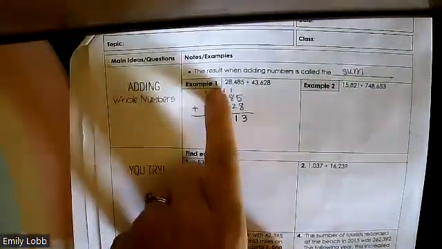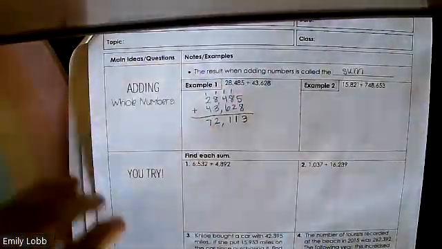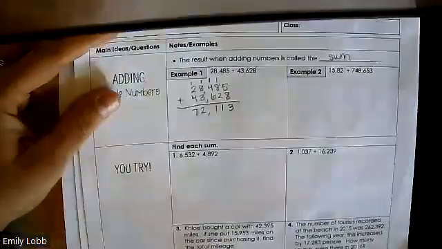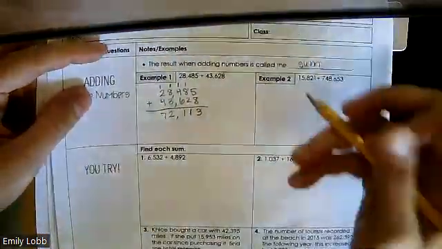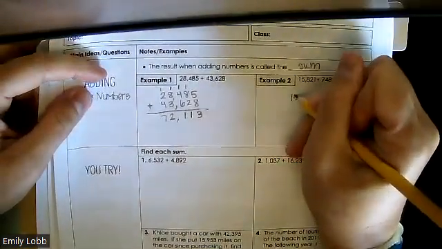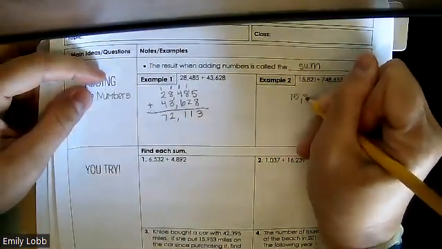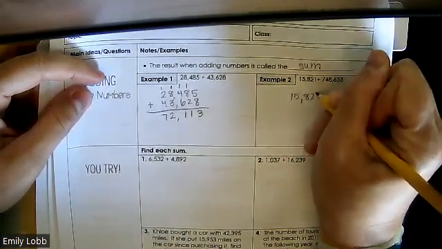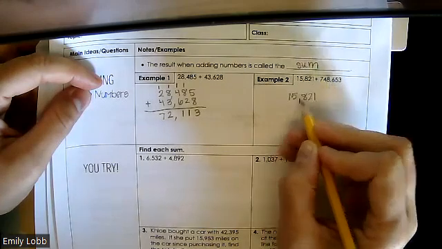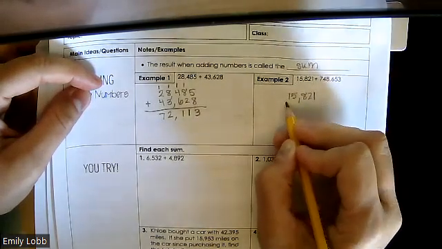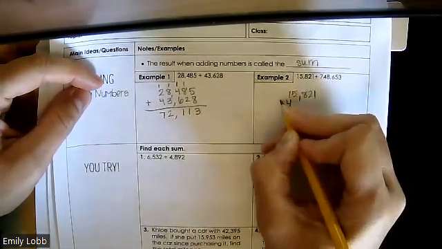So this is our number. Looks reasonable, right? Always ask yourself this. Now, with this next one, I notice this has 5 numbers and this has 6. So I'm going to write this first number, 15,821. And I have to be careful not to start my 7 right here, because I really want my 4 to be under that, because that's in the 10,000s place.